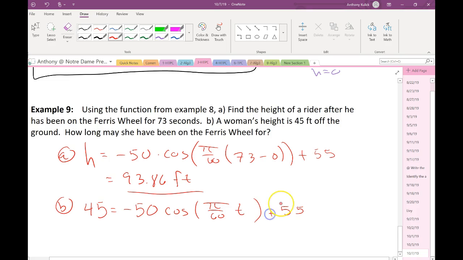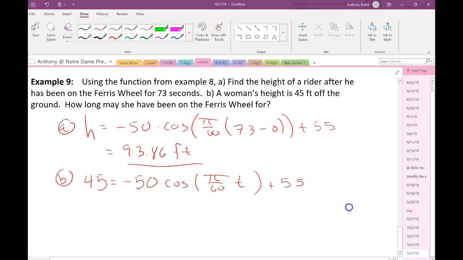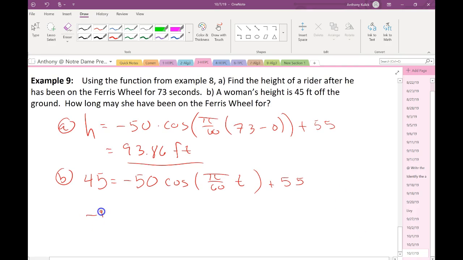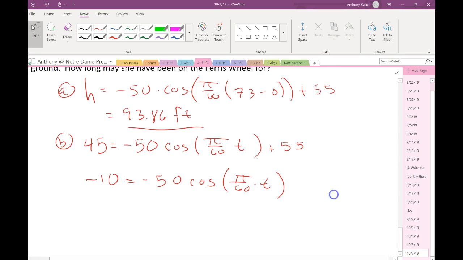Okay. So to do that, what should I do first? Subtract 55. Good. Then what? Divide by negative 50 to get 1/5.